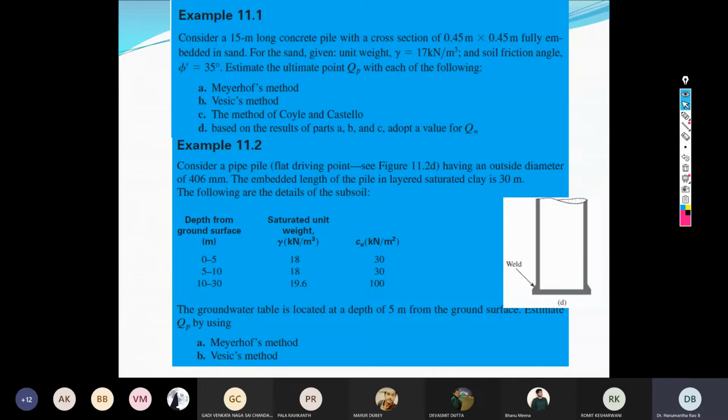So could anybody give me a solution using the Meyerhof method or Vesic method or Coyle and Castello? Anybody?